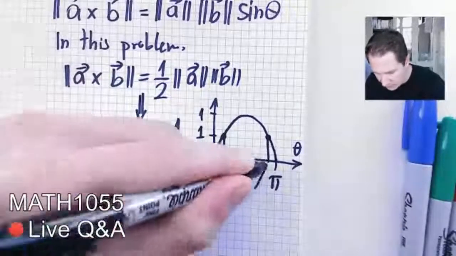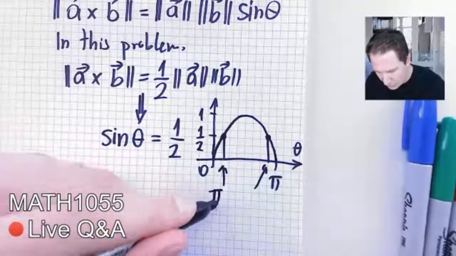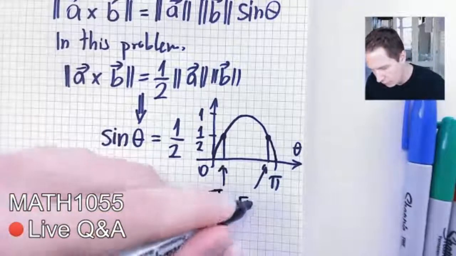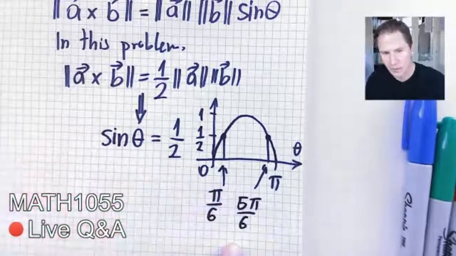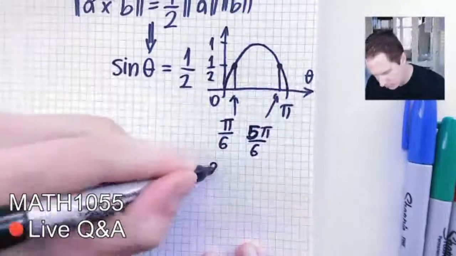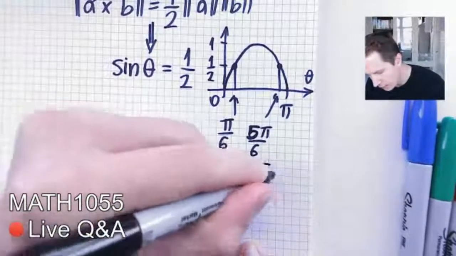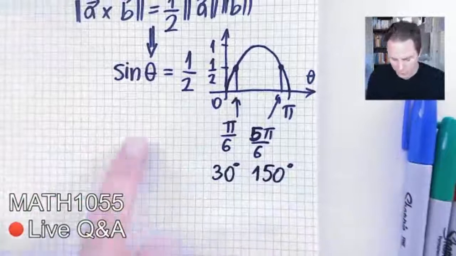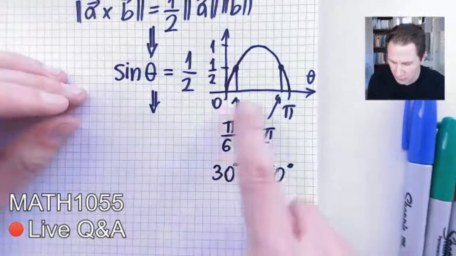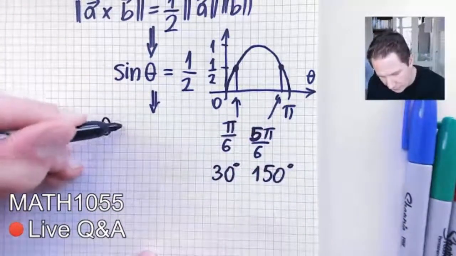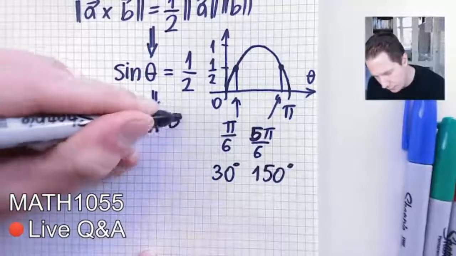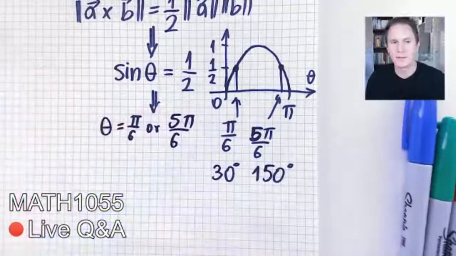And these values, you might remember, are 30 degrees, so that's pi over 6 radians, or 5 pi over 6 radians, which is 150 degrees. So 30 degrees and 150. Since theta is restricted to this interval between 0 and pi, theta is either pi over 6 or 5 pi over 6 radians.